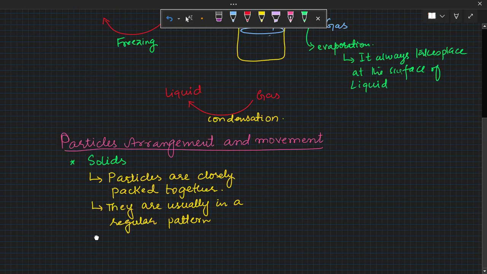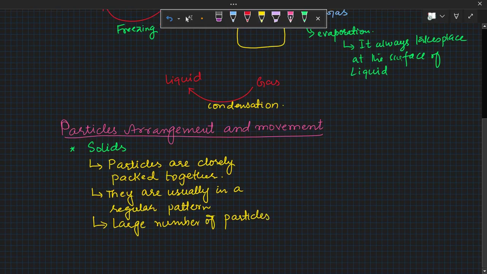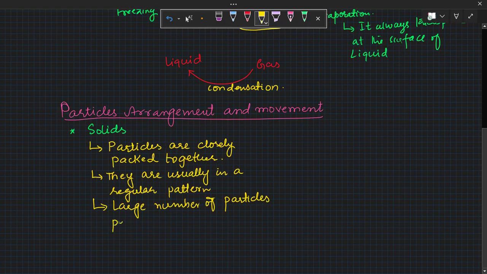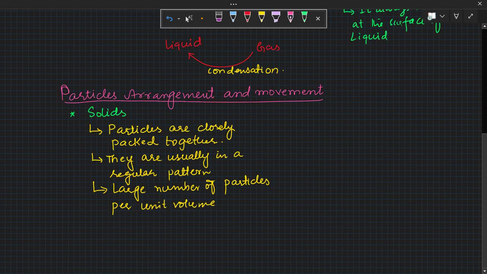And what we know about solids is a large number of particles per unit volume. That means the density is high.